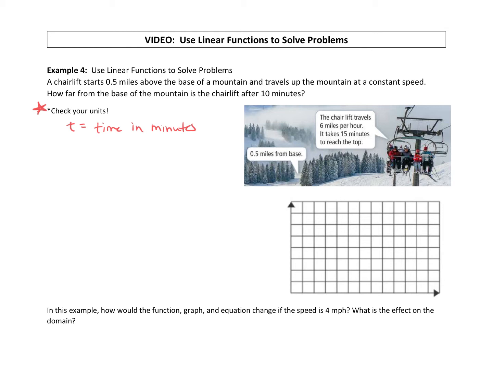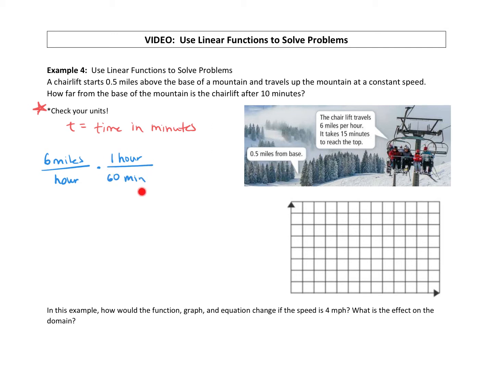Here's how we're going to do that conversion: 6 miles per hour, so that's per 1 hour. We can multiply that by a conversion rate. We know that there are 60 minutes in 1 hour. So we're going to multiply it by 1 hour over 60 minutes.